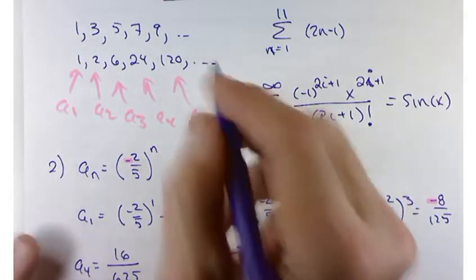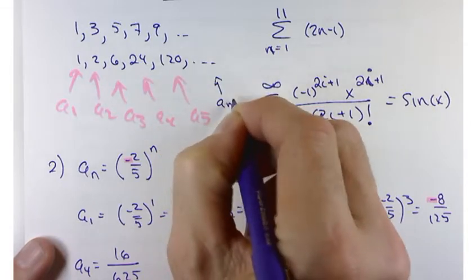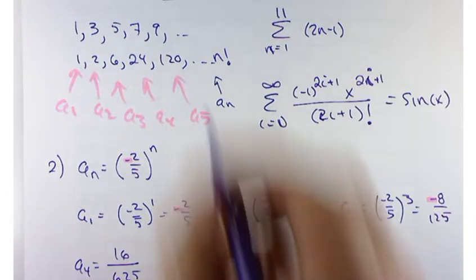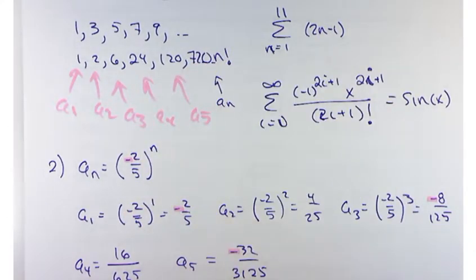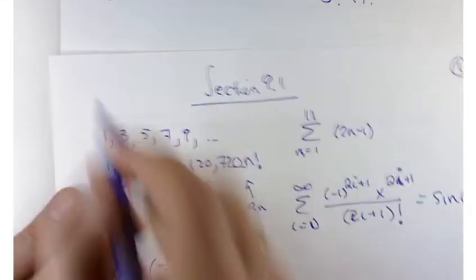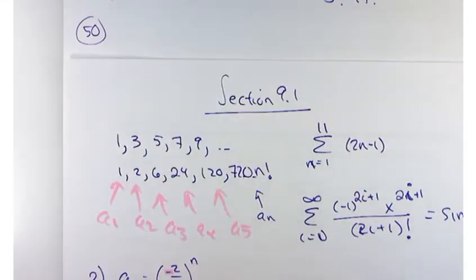And what's going on here is that the general term, a sub n, is n factorial. So like I said, the next term would be 720. So let's keep that in mind as we look at problem number 50, and we'll try and reverse engineer problem number 50. They give you the first few terms.